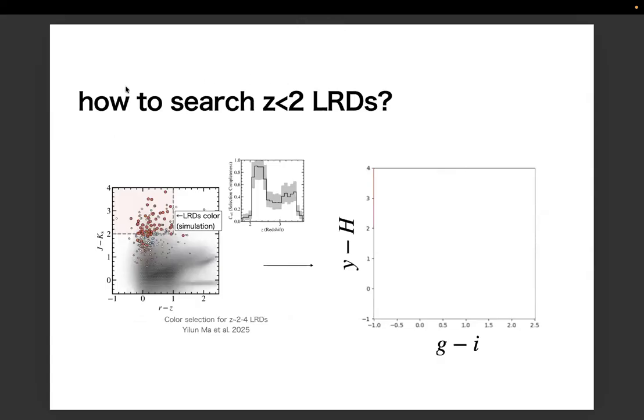So I will tell you the idea of how we can find those. This is the image of the research done by Iruma. They use the r, z, J, K band colors. The horizontal axis represents the rest-frame UV color, and the vertical axis represents the rest-frame optical.